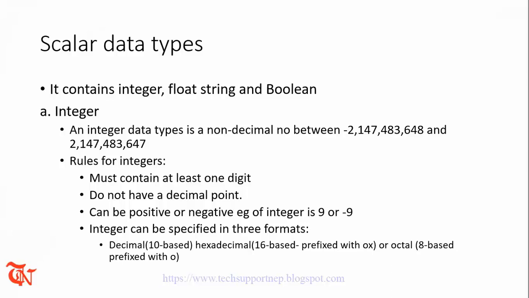Rules for integer: it must contain at least one digit, must not have a decimal point, and can be a positive or negative value. Examples of integer are 9 or -9. An integer can be specified in three formats: decimal (base 10), hexadecimal (base 16) with the prefix 0x, or octal (base 8) with the prefix 0.